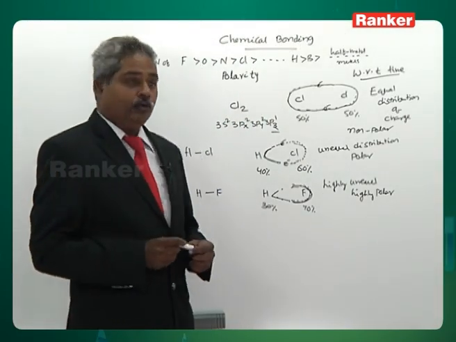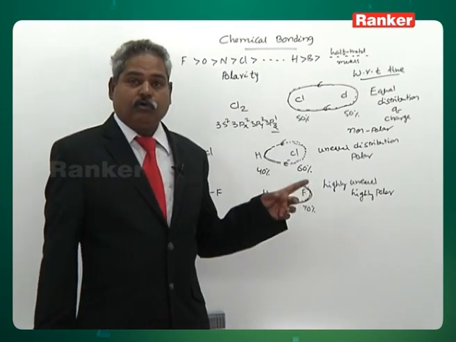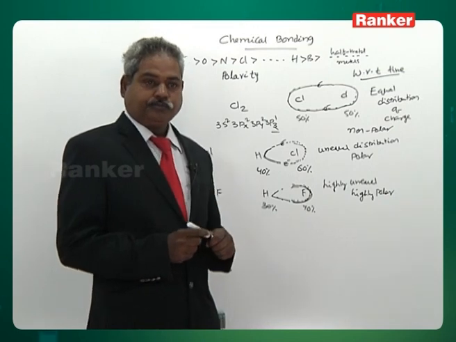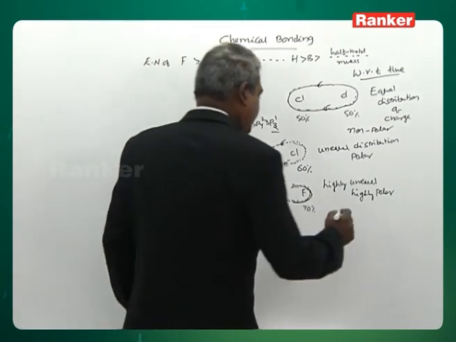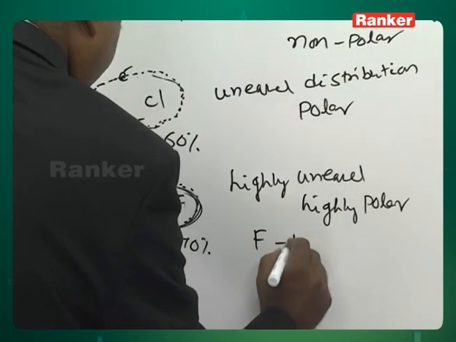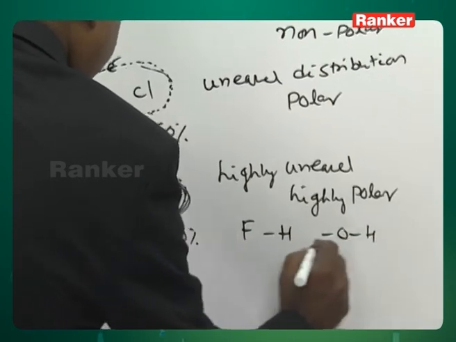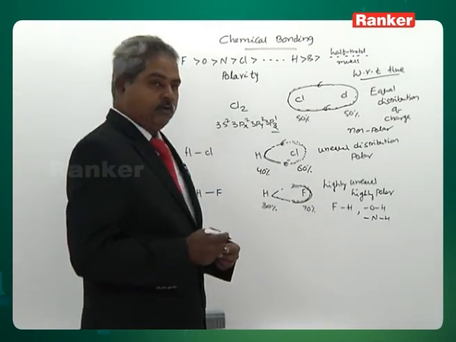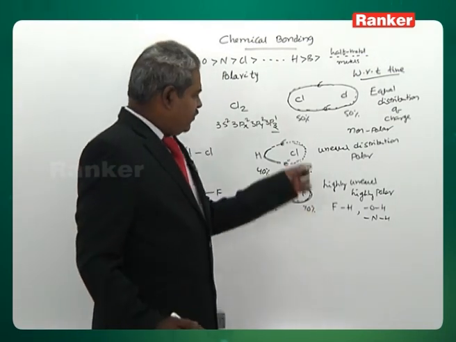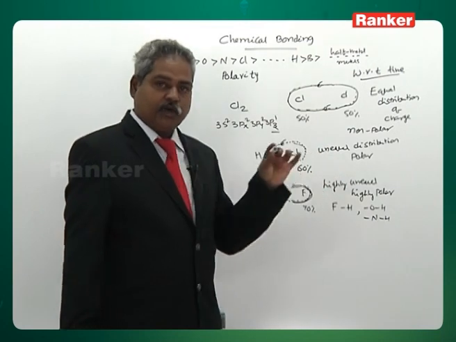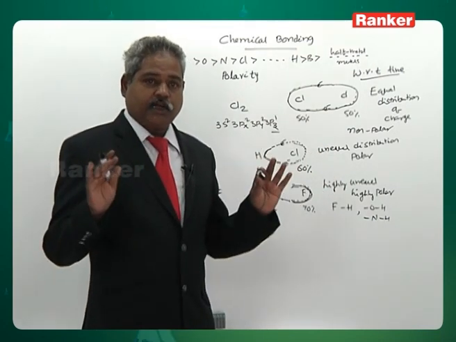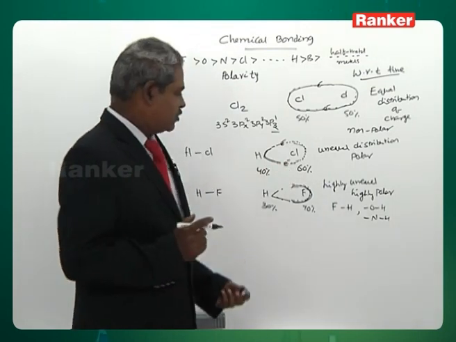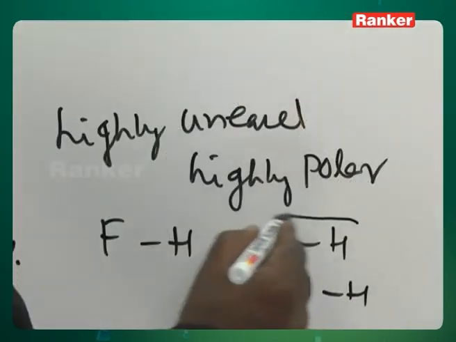And you won't have these highly polar covalent bonds in many molecules, only in molecules with FH, OH, NH bonds. Very few cases there may be one or two others, but we should always learn the broadest thing, which is applicable for 99% of the cases. Let us not worry about a few others.